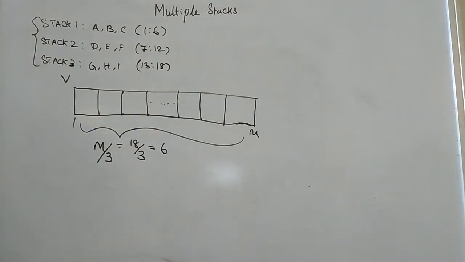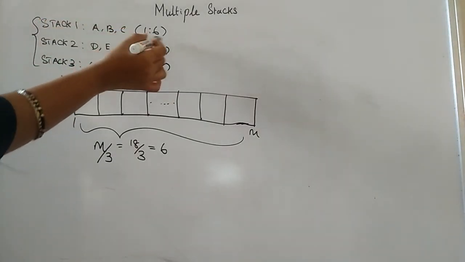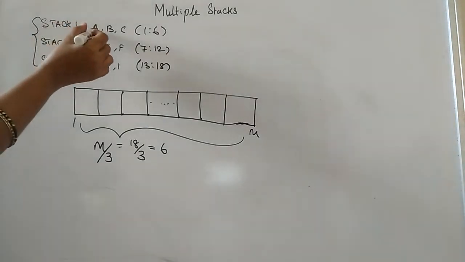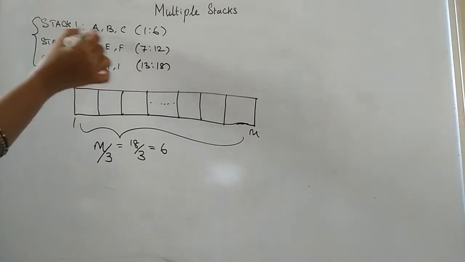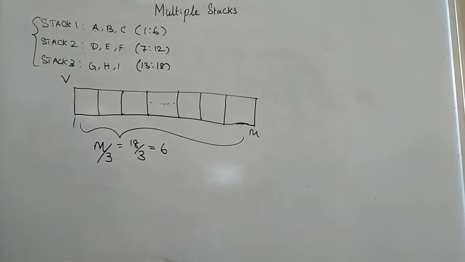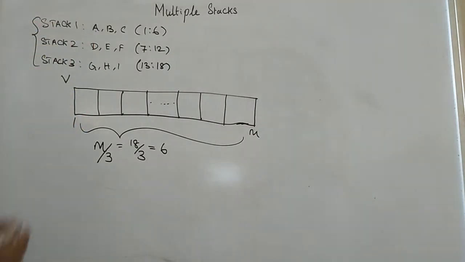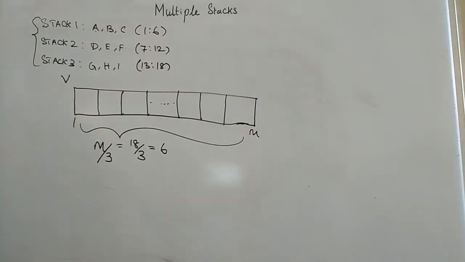You just notice these things. For each stack, 6 cells are assigned here, but the data present in each stack is only 3 elements. So we may have empty spaces in between.